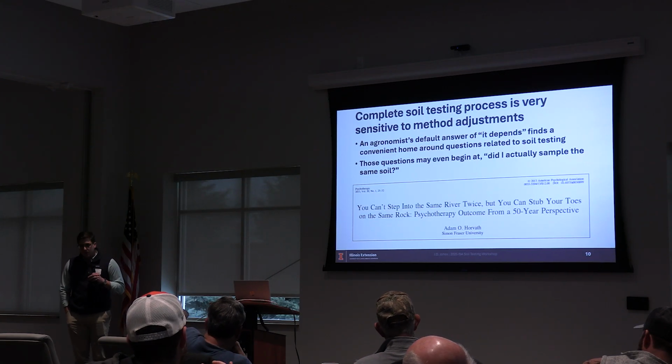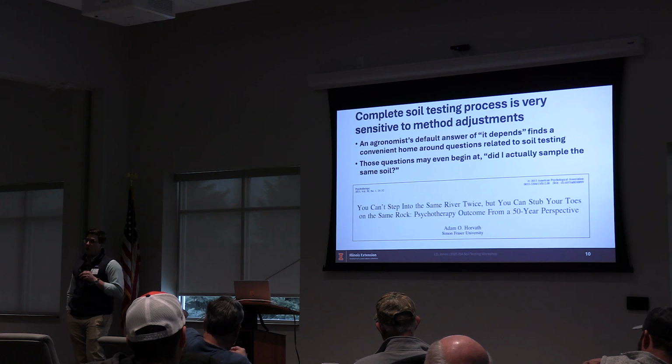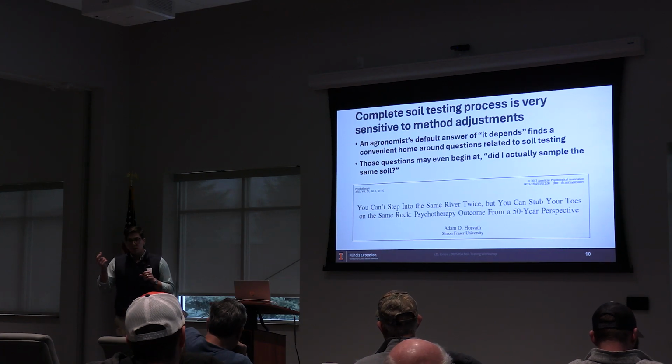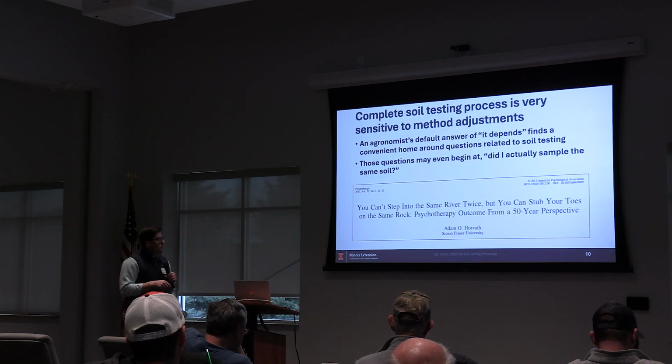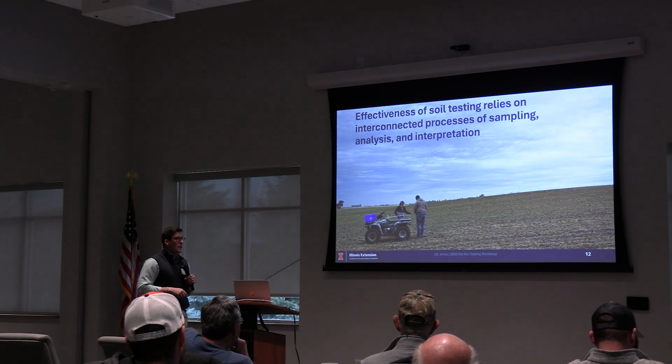One of the demos I like to do at field days is, in a 4-row plot, pull soil tests from each row and show the variance across a very uniformly managed piece of ground. It does vary because of all those steps where error is introduced. What we're trying to do is shrink that error so that we can have a more predictable and replicable response and result.